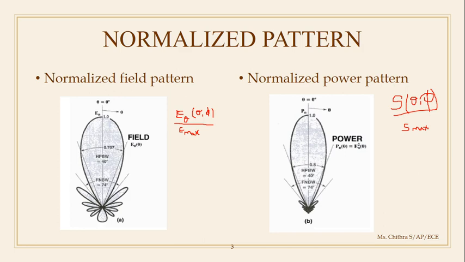So when we measure the power or the energy of an electromagnetic wave from an antenna, we use the Poynting vector, represented as S. It says how much energy is transferred per unit area with respect to time.